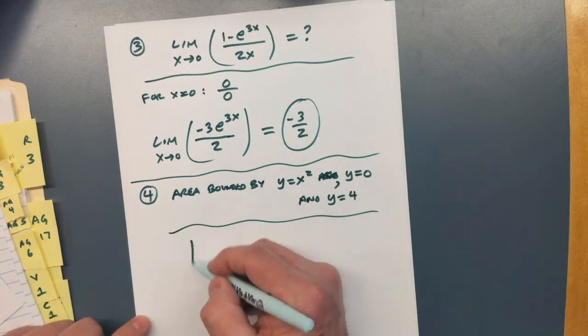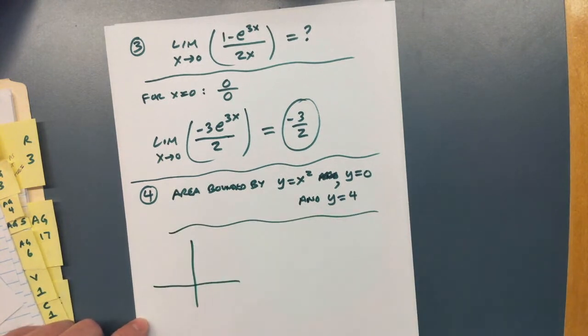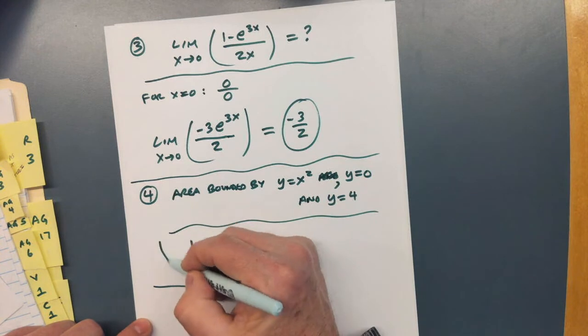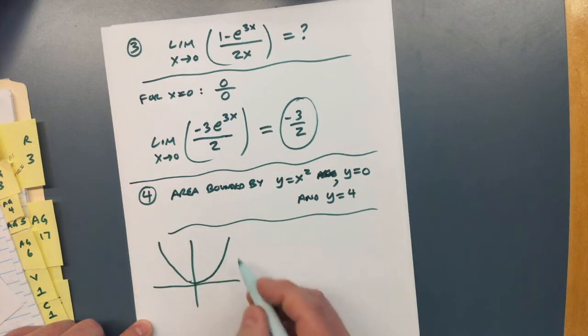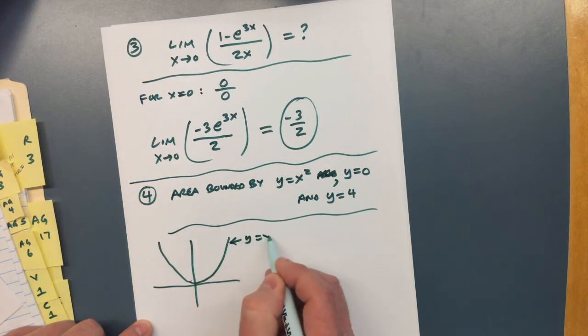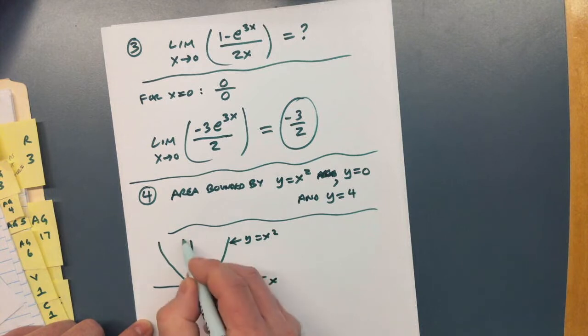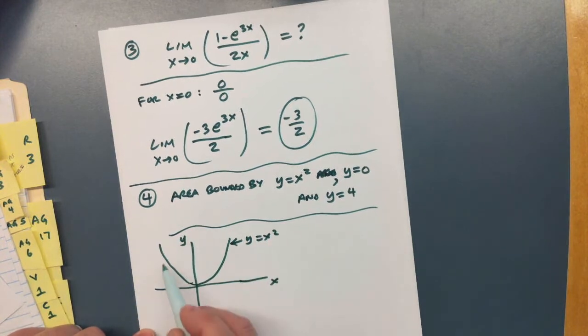So if you plot that, here's y equals x squared. Here's y equals 4.